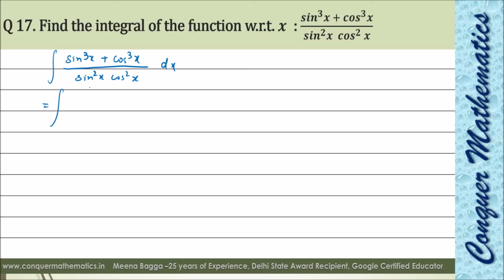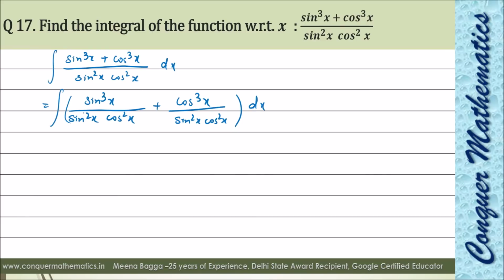Let us do sin cube x divided by sin square x into cos square x, right? First partial fraction. The second partial fraction is cos cube x divided by sin square x into cos square x.